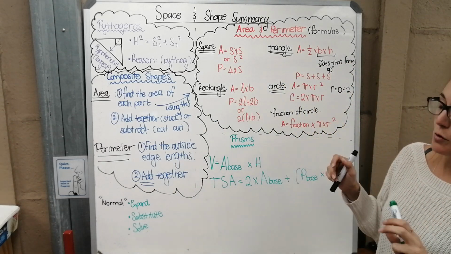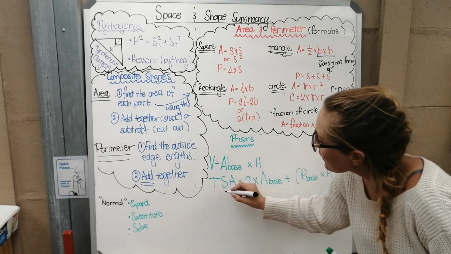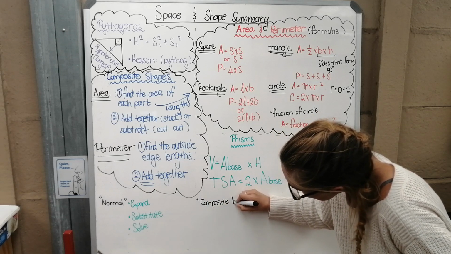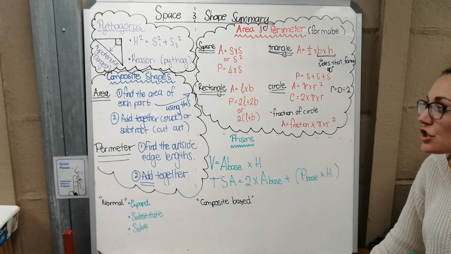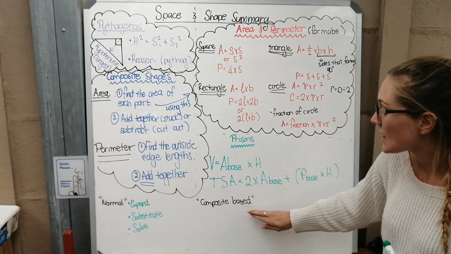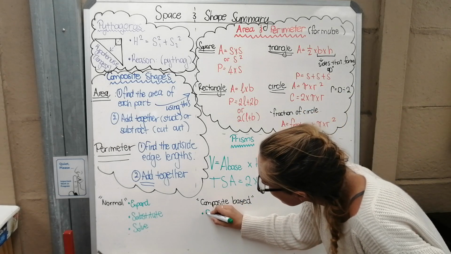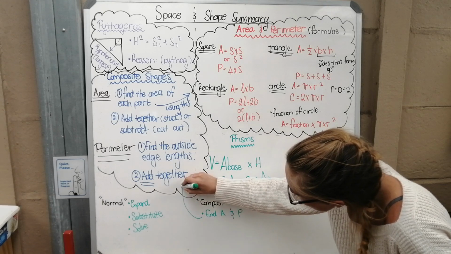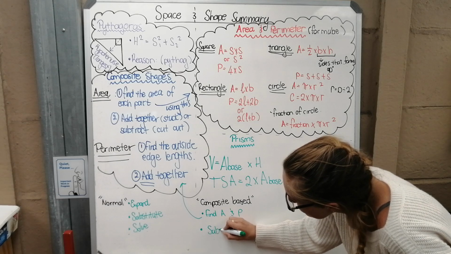If it's an abnormal prism, i.e. your base might be a composite shape. Okay, so if we have a composite based prism, it's not that hard. You will individually determine the area and the perimeter using this method and then substitute those values into your formula.